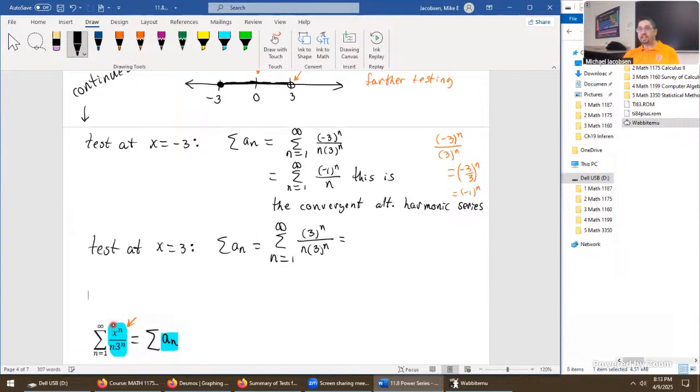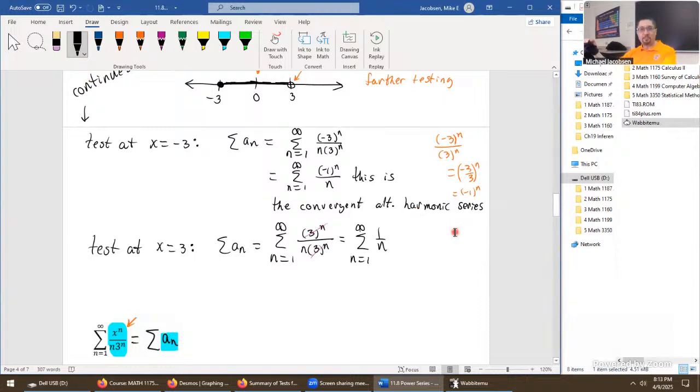But this one's even easier to analyze, right? I honestly think this one's tricky if you feel a little rusty on exponents because of this trickiness right over here. But this one's just a full-on cancellation. So we get summation 1 to infinity, 1 over n. Now, this one is the divergent harmonic series, and you can say that right here.